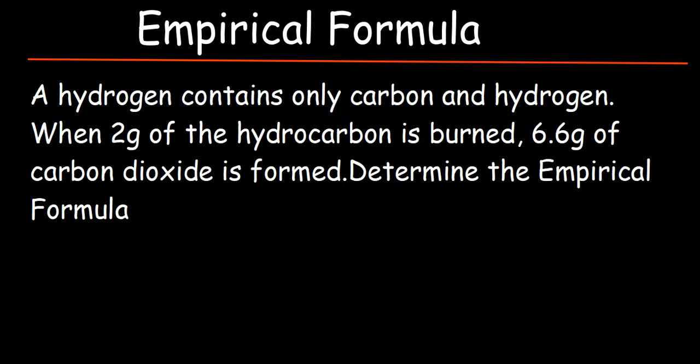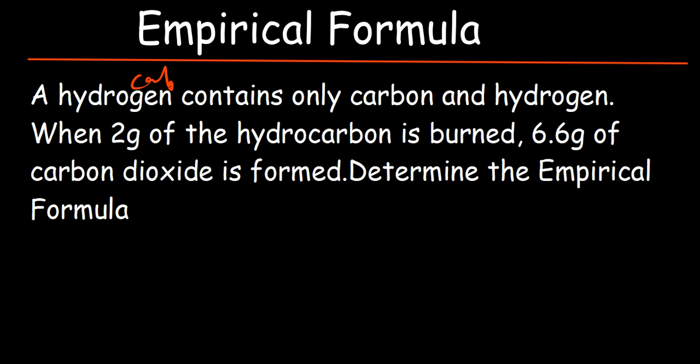Determine the empirical formula. Now, the empirical formula is the simplest whole number ratio, the simplest that you can have for a formula. The molecular formula is the actual formula of a compound.